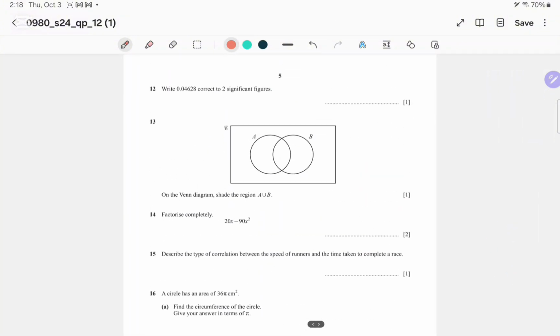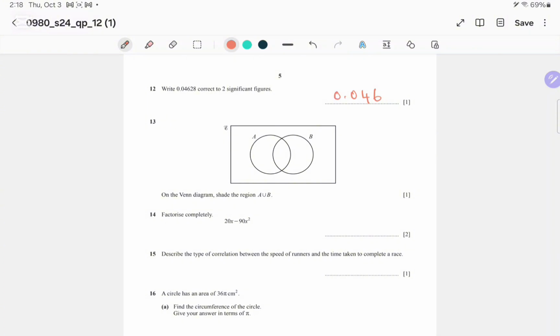It's the 12th question. Write 0.04268 to two significant figures. So what is the answer? Very simply we can write it. It's 0.043, because the next number is less than 5. Can we go to the 13th question?